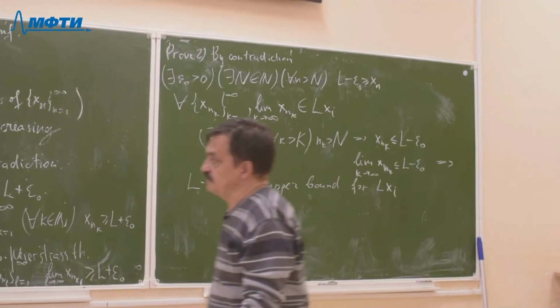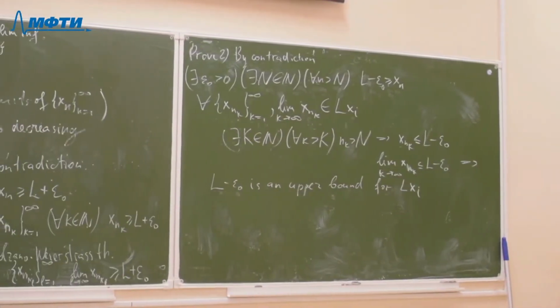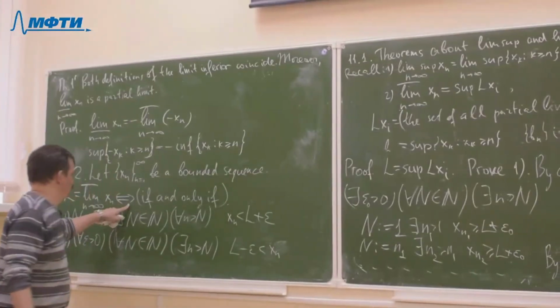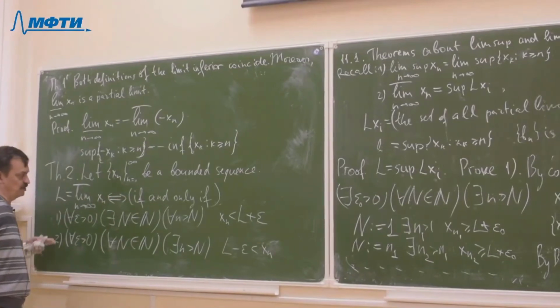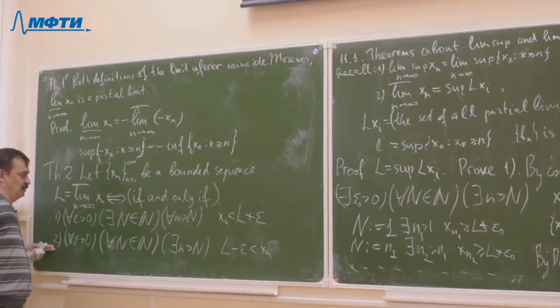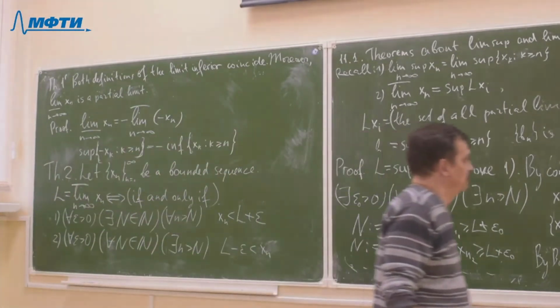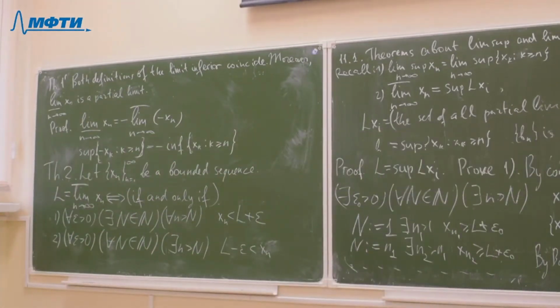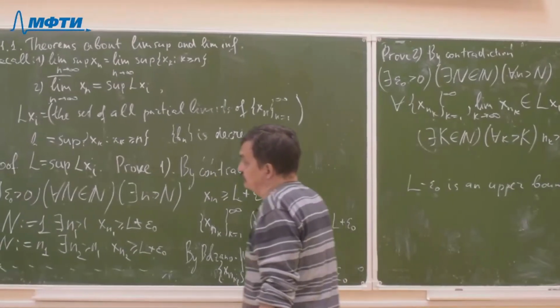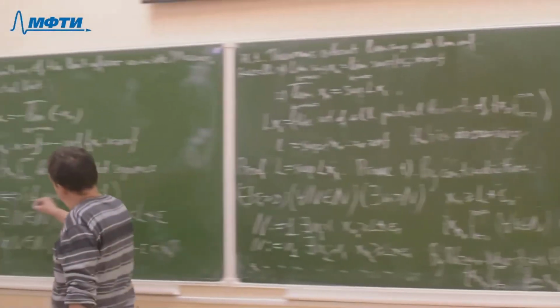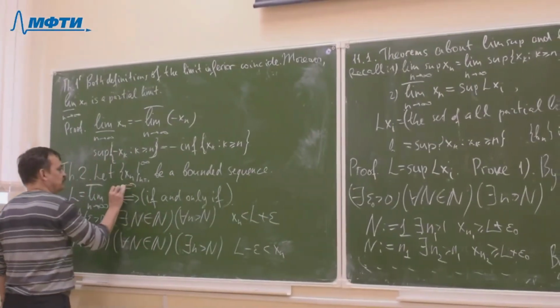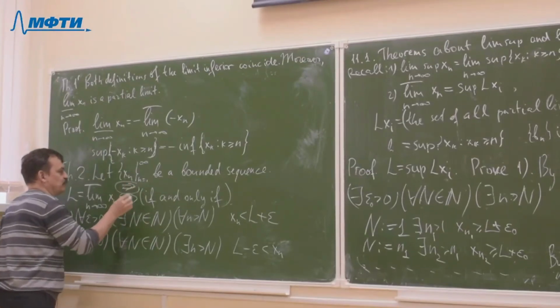So what have we proved? We have proved that our conditions are necessary. So it means we have proved this part. This part is proved.